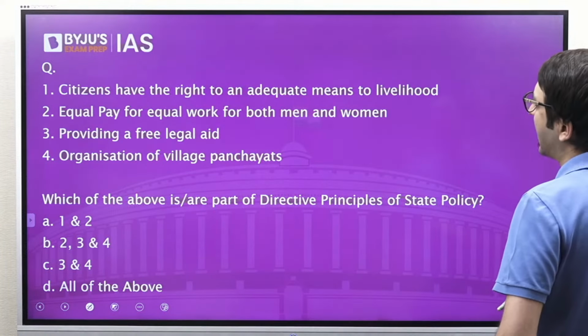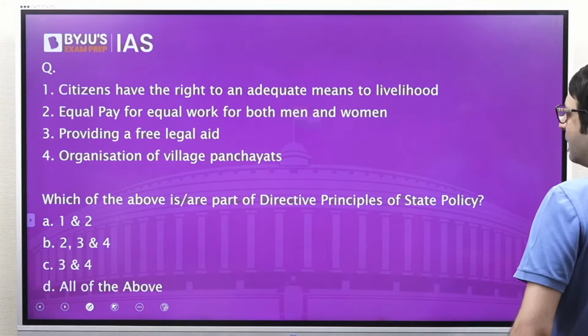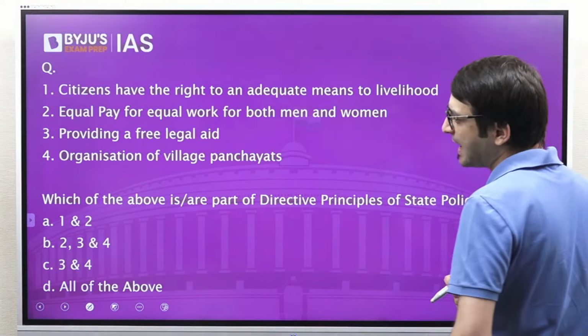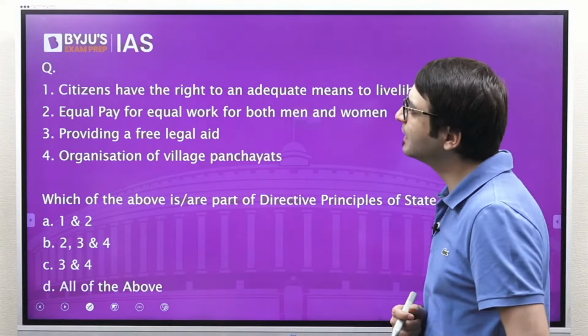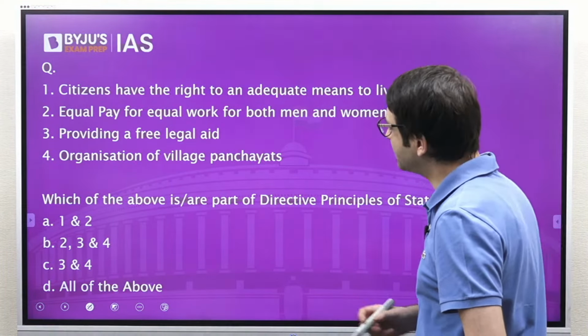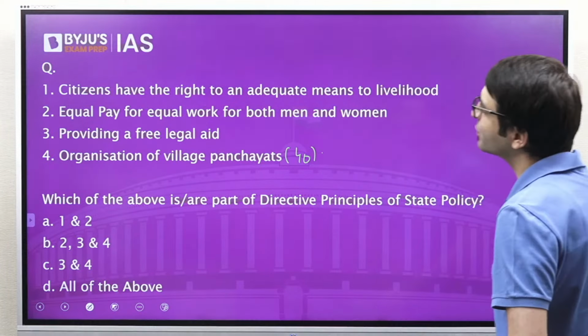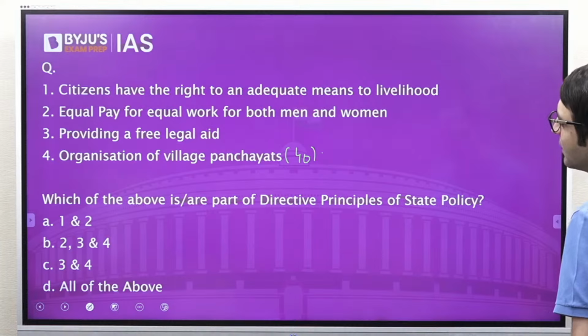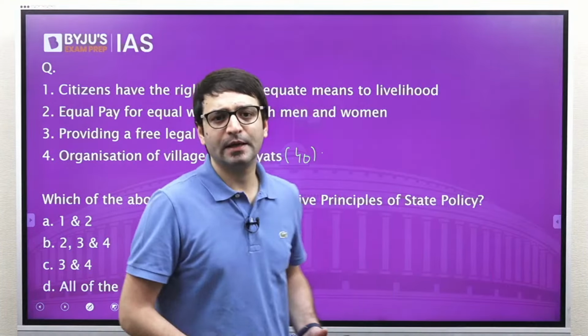Citizens have the right to an adequate means to livelihood, equal pay for equal work for both men as well as women, providing free legal aid, organization of village panchayats, which comes under Article 40 of the Constitution. Which of the above is or are part of the directive principles of state policy?